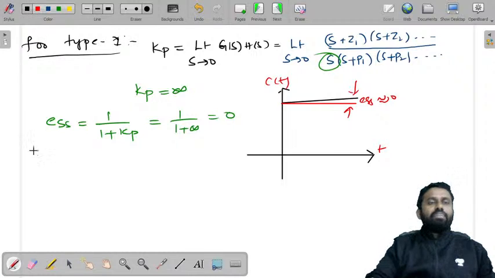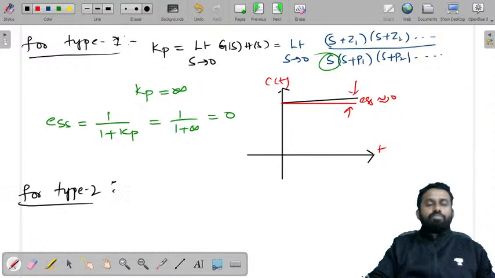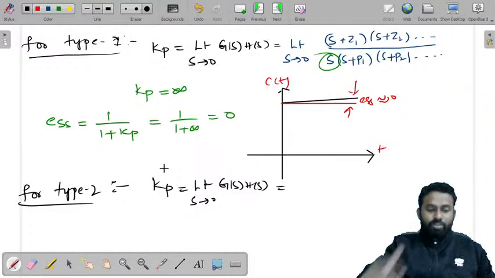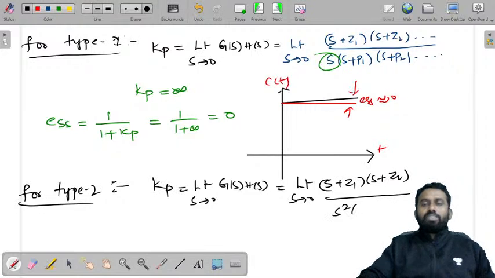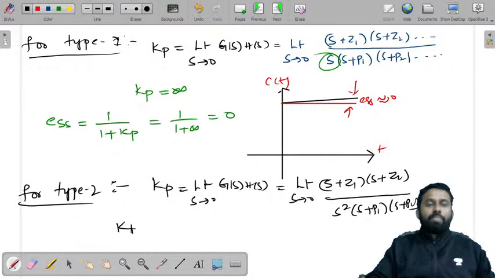Now let's take a type 2 system. For a type 2 system, Kp is equal to limit s tends to 0 of G(s) into H(s). We are doing this for unit step input. So limit s tends to 0 of (s plus z1) into (s plus z2) by s square into (s plus p1) into (s plus p2). So you would get the same Kp. Kp is equal to infinity and ESS is equal to 1 by infinity, which is 0.